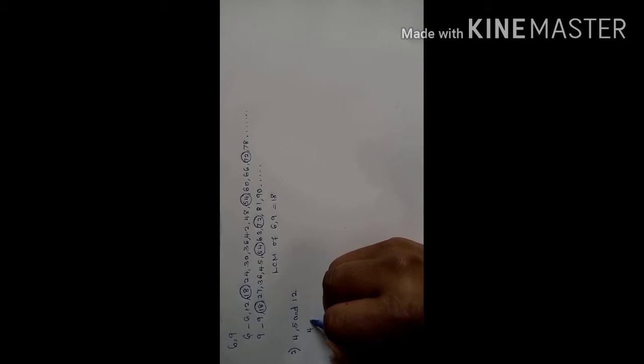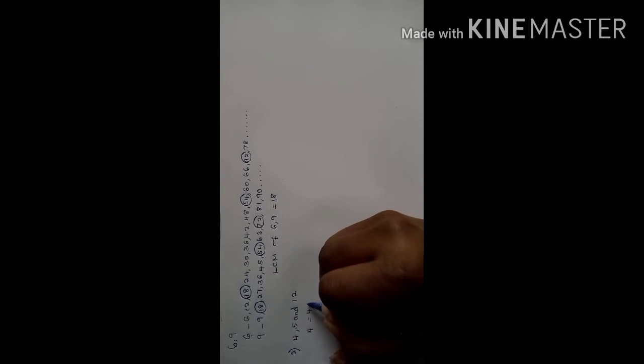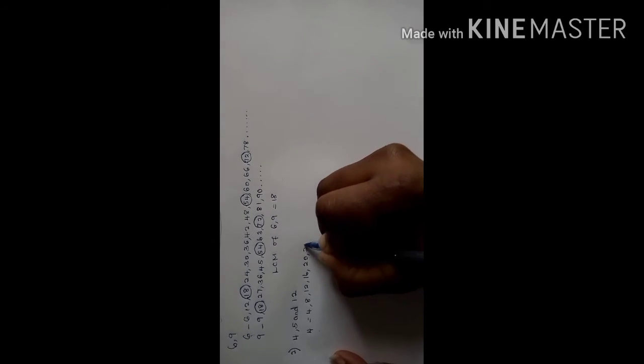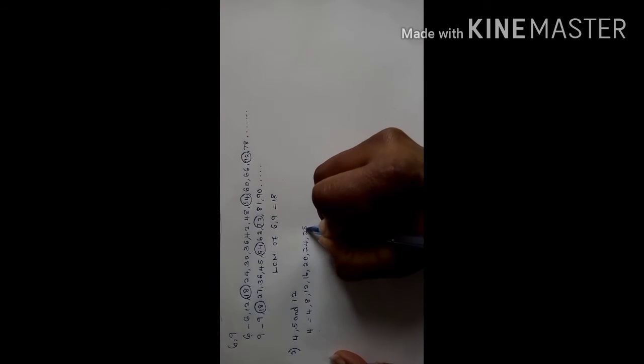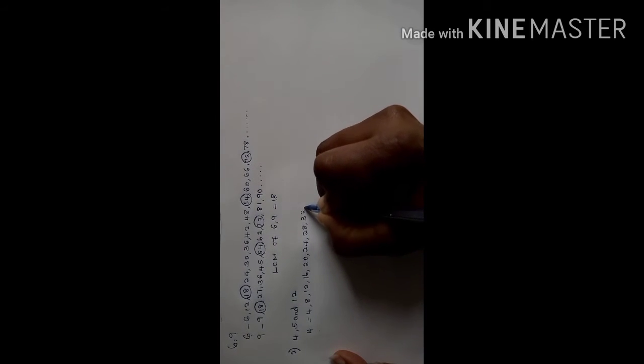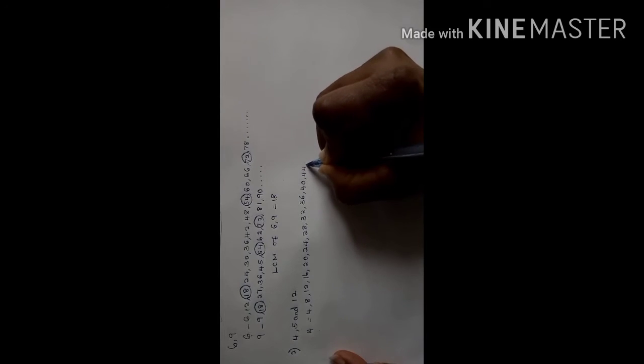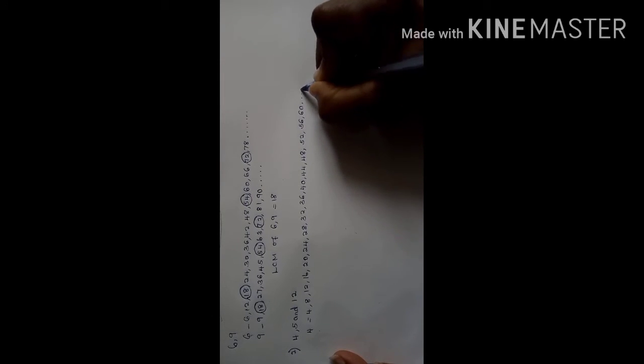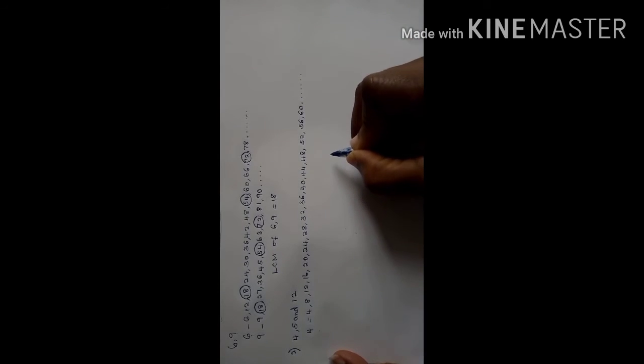So the multiples of 4 are 4, 8, 12, 16, 20, 24, 28, 32, 36, 40, 44, 48, count with me, 52, 56, 60, and those who are good at multiples, you can continue.